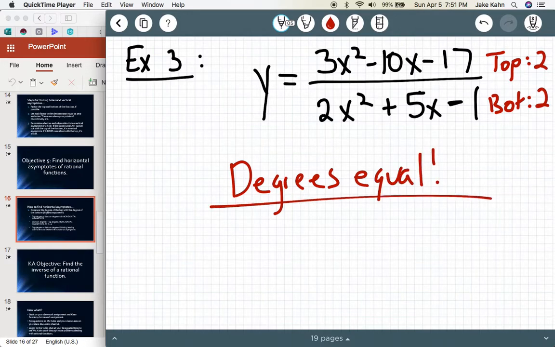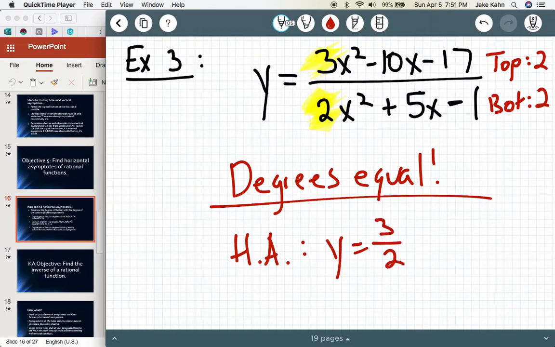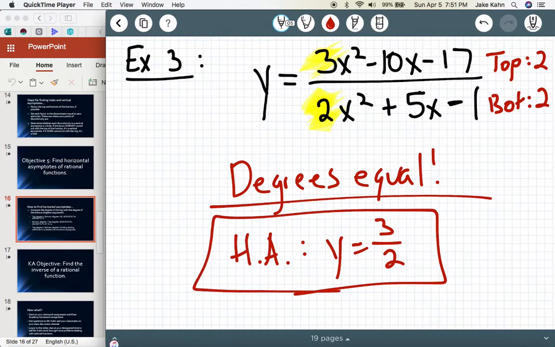What it said on the PowerPoint slide is to divide the leading coefficients to find your horizontal asymptote, which means that the first two numbers that you see on top and bottom, the 3 and the 2, you're just going to divide those, and that's going to be your horizontal asymptote. So our horizontal asymptote for this problem is y equals 3 divided by 2. Y equals 3/2. And that's it.